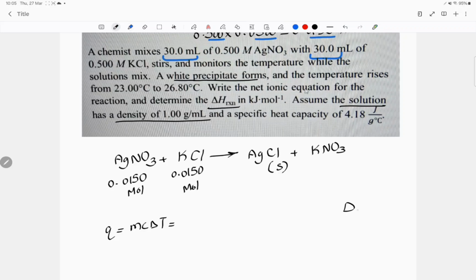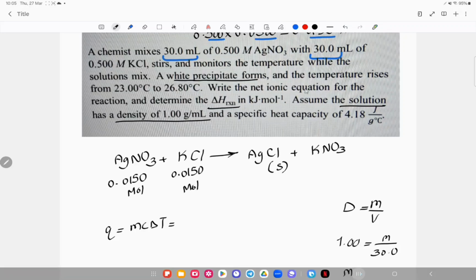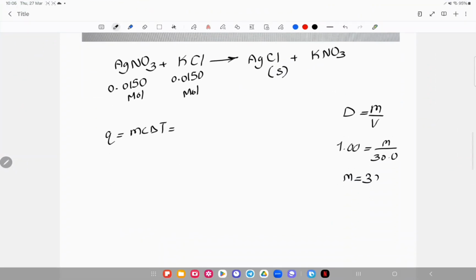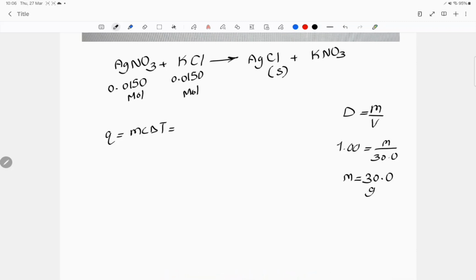So we're going to say density is equal to mass over volume. Density is equal to 1. The mass is unknown, but the volume is 30. Cross multiply. And you get 30 grams.